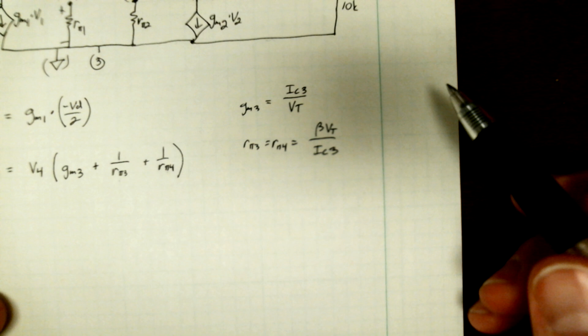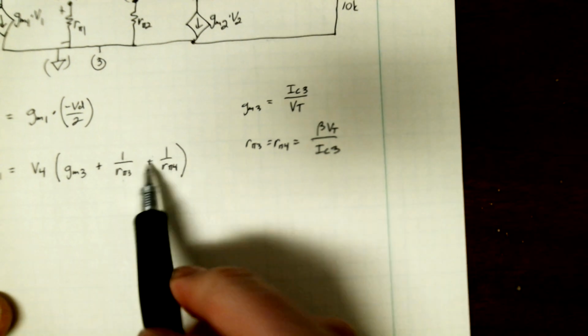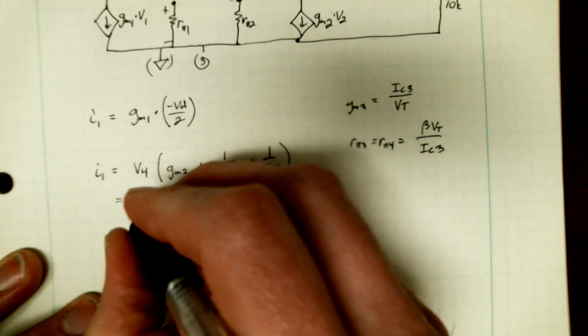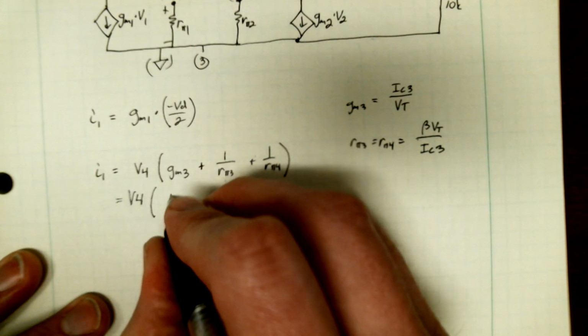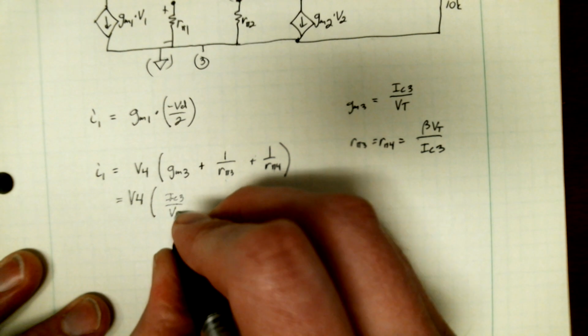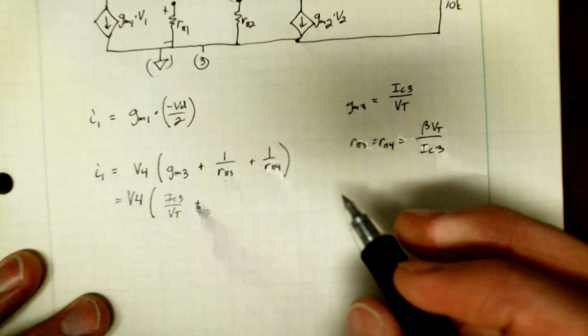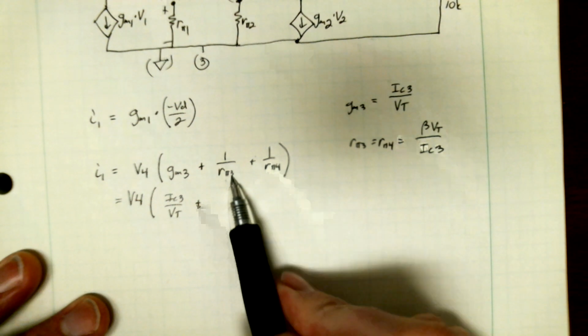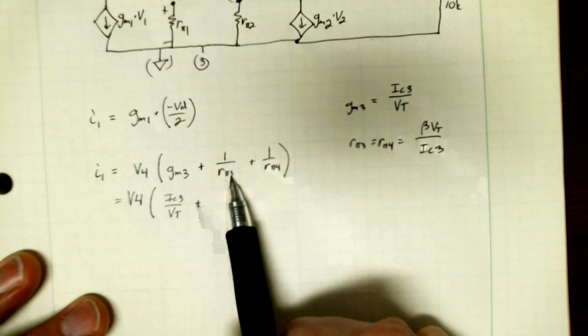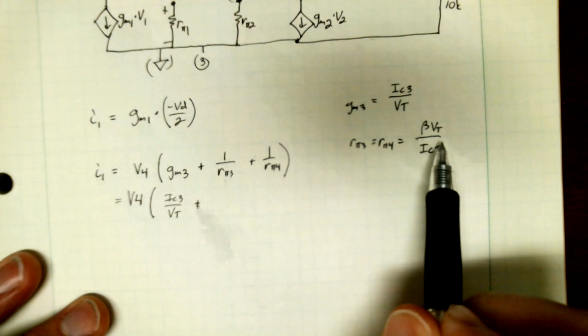Let's see, plug this back in. This is V4 times IC3 over VT plus 1 over beta VT over IC3. IC3 comes up on the top over beta VT.